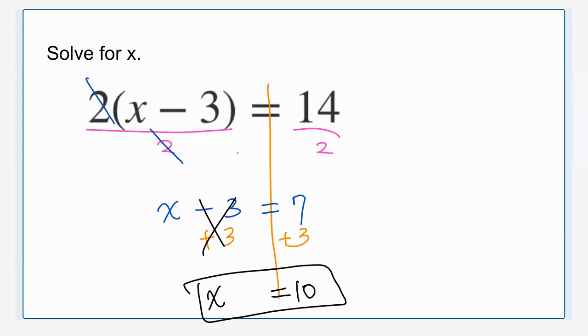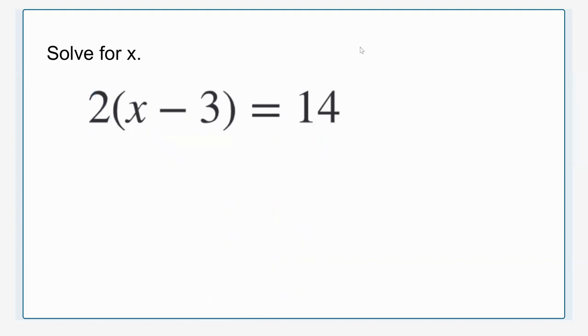Okay, if you did the distributive property first, it seems like a lot of you are making this into 2x plus 6. Make sure this is the same as 2 times negative 3, which becomes negative 6, or subtracting 6, to look at it as a term.